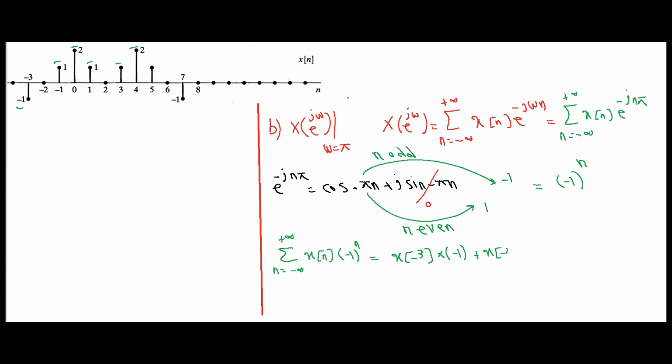And at n equals minus 2, since n is even, the value is multiplied by plus 1. We continue this process for all values of n up to 7. After substituting the actual values of the signal and summing everything, the result is 2.